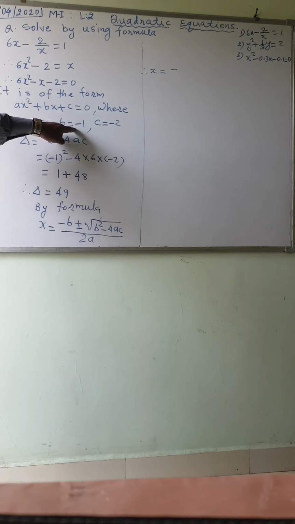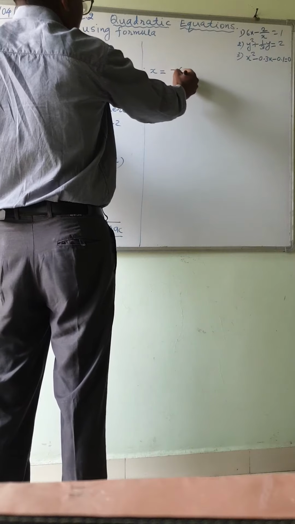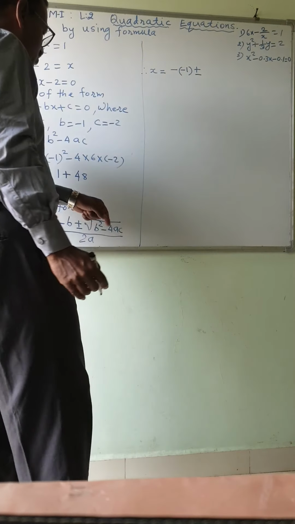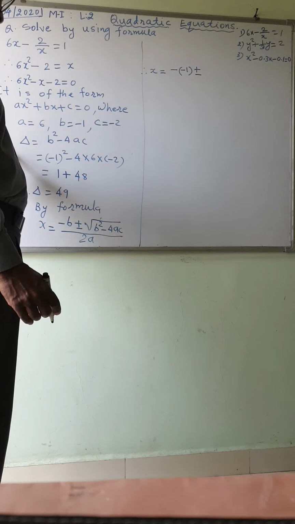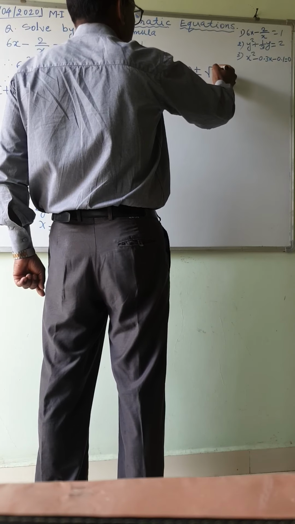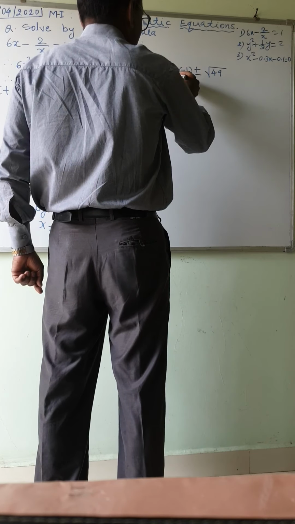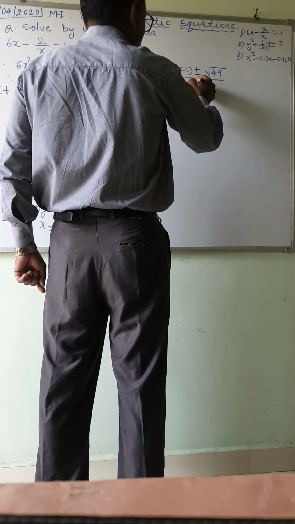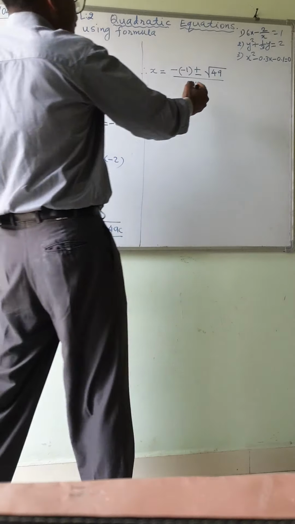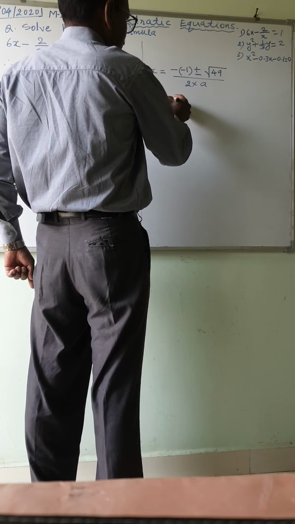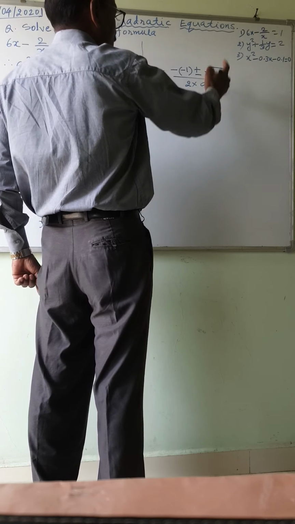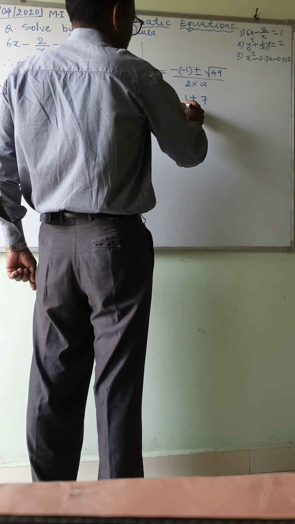What is b? Minus 1. Minus 1 plus or minus root of b square minus 4ac is nothing but delta. And what is the value? 49. So under root 49 upon 2 into a. A is how much? 6. That is equal to 1 plus or minus root 49 is 7 upon 2a.